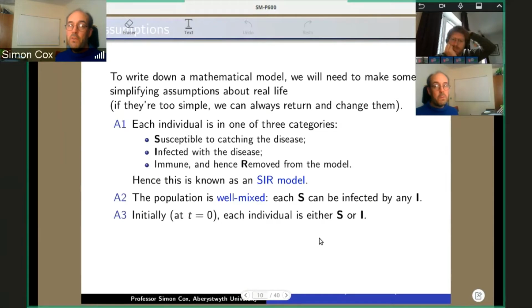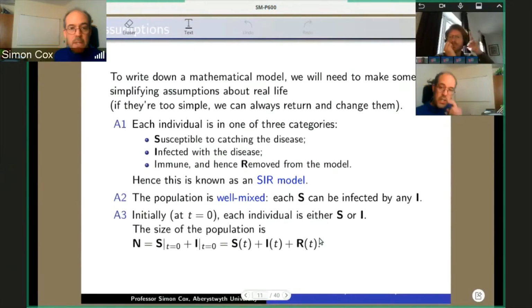No individual has been removed from the model yet. And so what that means is the size of the population is constant, capital N, and in general, it's the sum of S plus I plus R individuals, but at time t equals 0, it's just the sum of S and I, S at t equals 0 plus I at t equals 0.